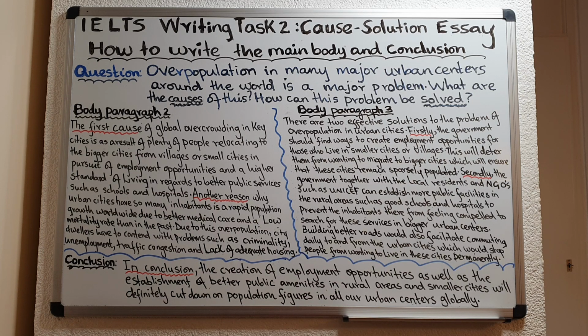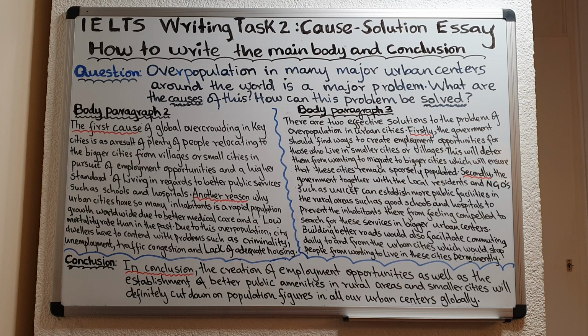Okay? And then I give another example to elaborate how good public facilities will stop migration of people from rural areas to the bigger cities. I said building better roads. So in the point just before that, I talked about public facilities, such as good schools and hospitals.